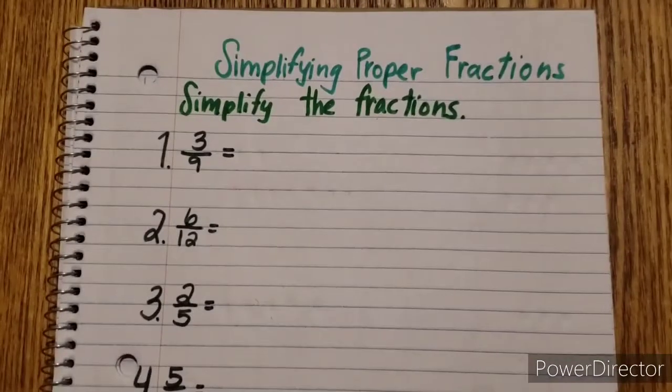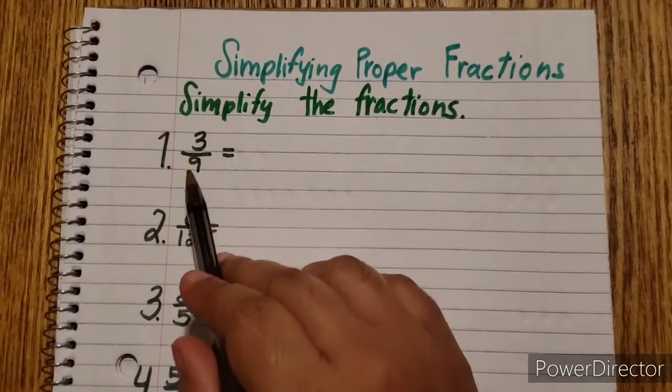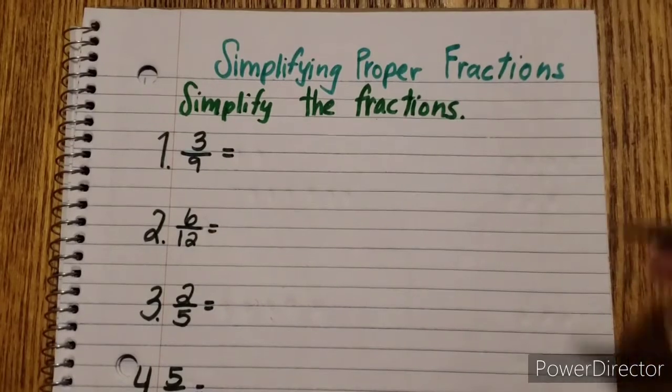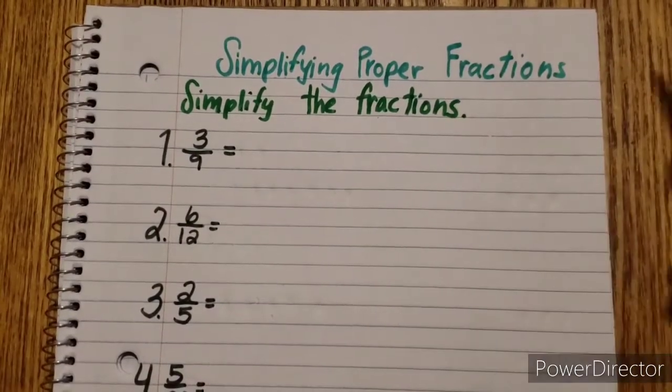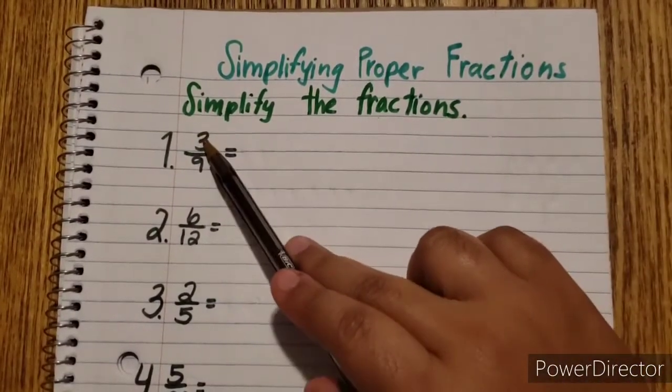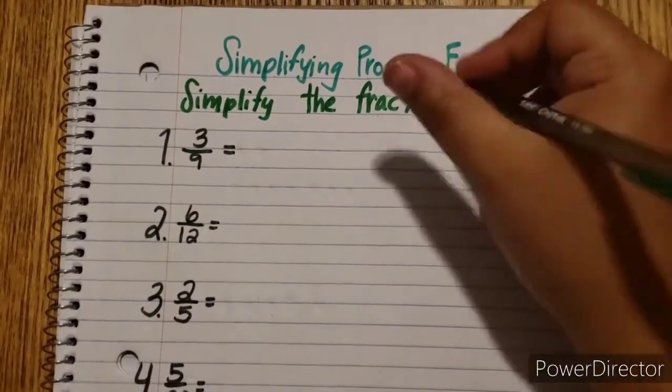Let's get started with simplifying proper fractions. We need to simplify the fractions. So our first fraction is 3 over 9. The first step we need to do is find the factors of 3 and 9.